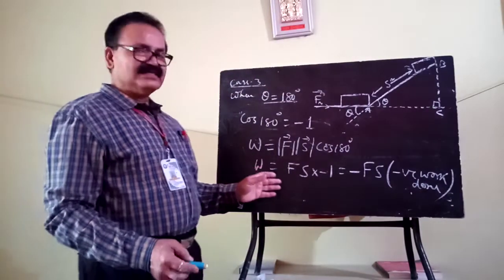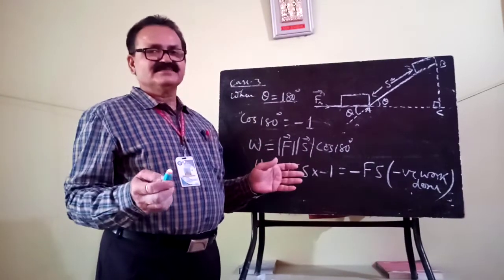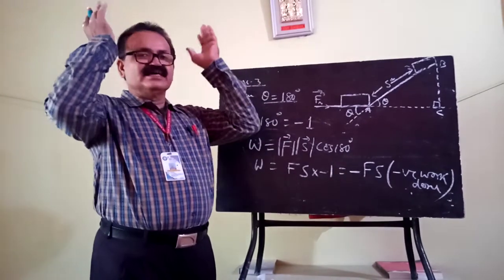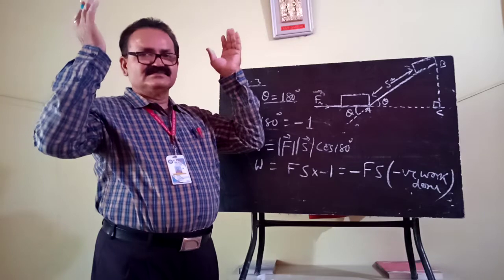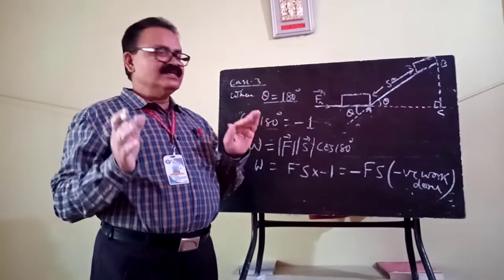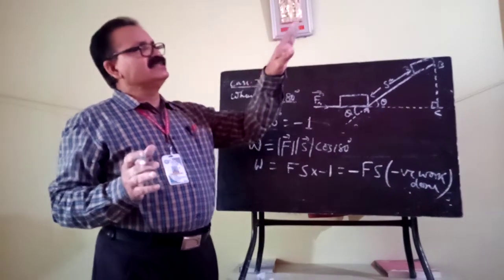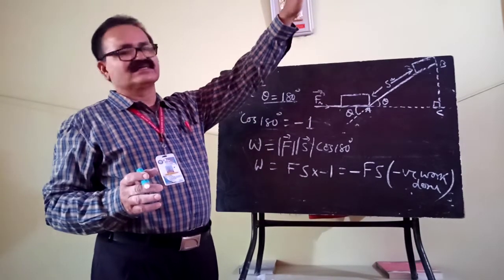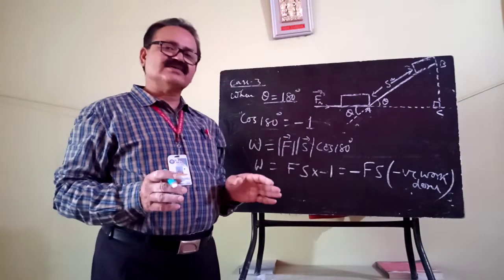So if we consider that a coolie is carrying luggage on his head, and the coolie is rising upward in a staircase, he is ascending the staircase, in that case what will happen?